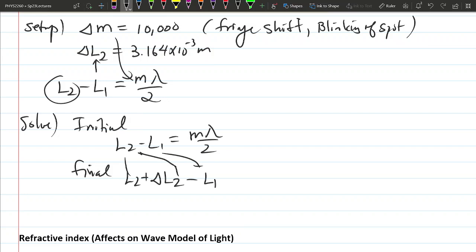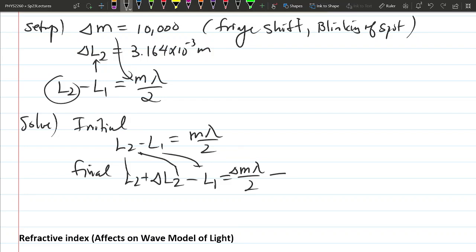Instead of m, we're going to have m plus delta m, times lambda over 2.